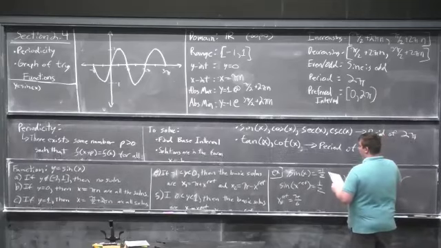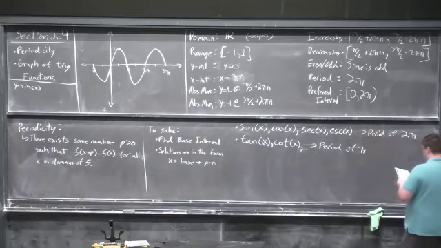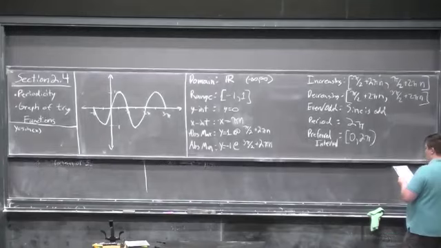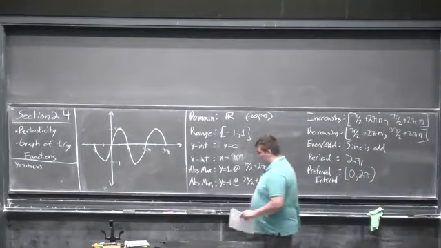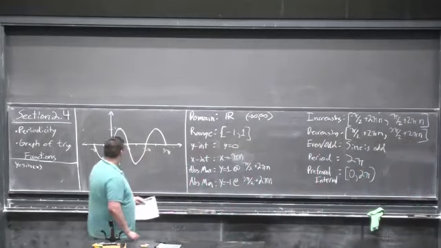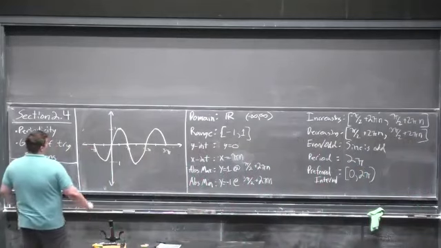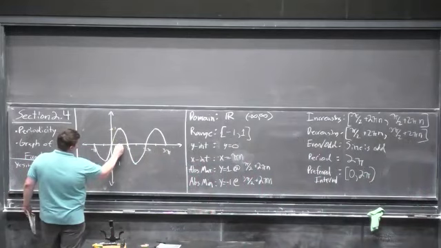We'll look at cosine. So let's first graph the cosine function. If I start here, cosine of 0 is 1. Cosine of pi over 2 is 0.